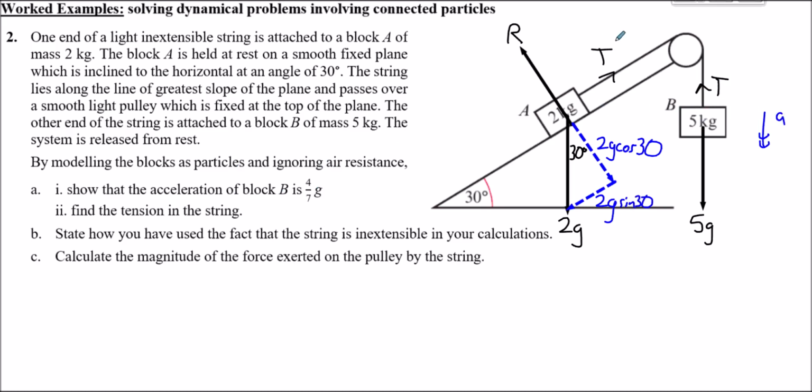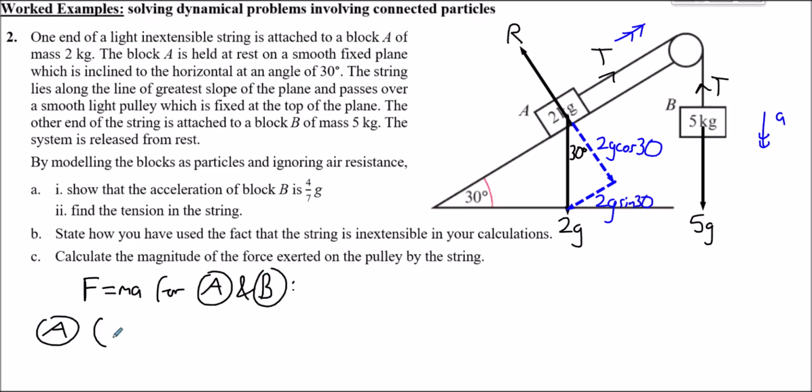So B is going down that way, and it'll be going up the slope for particle A, or block A. So what I'm going to suggest we do is F equals ma for both A and B. So for A, if we do it going up the slope, the resultant force will be going up the slope because it will be pulled down by this massive weight 5, which is 2.5 times the mass of A.